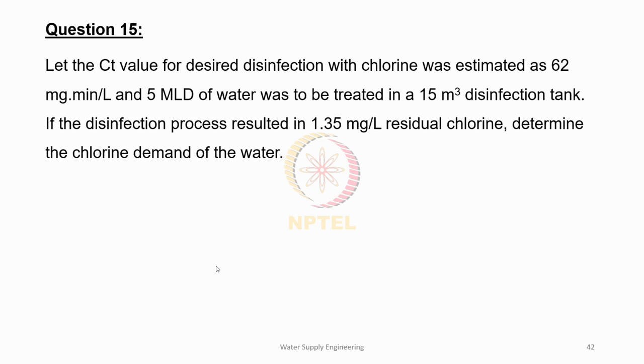So if the disinfection process resulted in 1.35 milligram per liter residual chlorine, determine the chlorine demand of the water. So in addition to the previous question, the residual chlorine value is also given and we need to determine the chlorine demand. So quickly calculate that. It just needs 1 minute for the calculation.